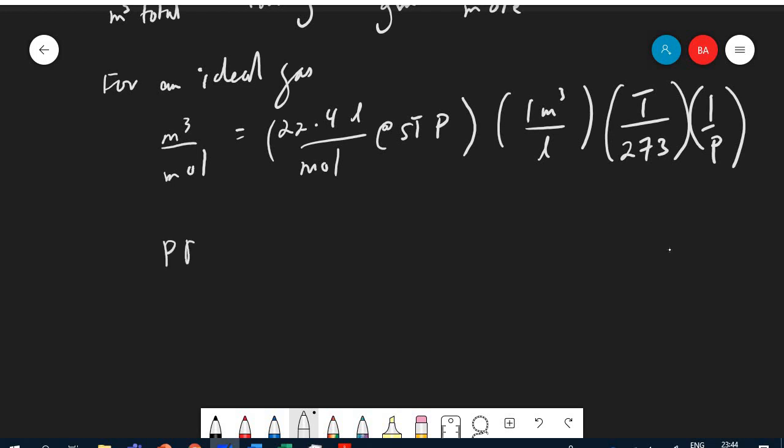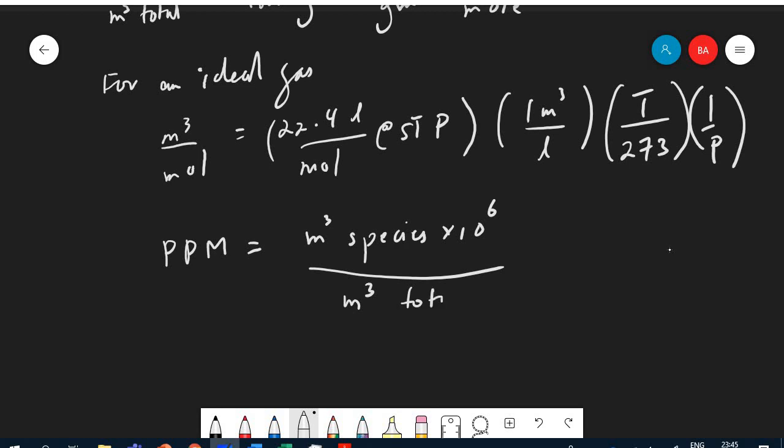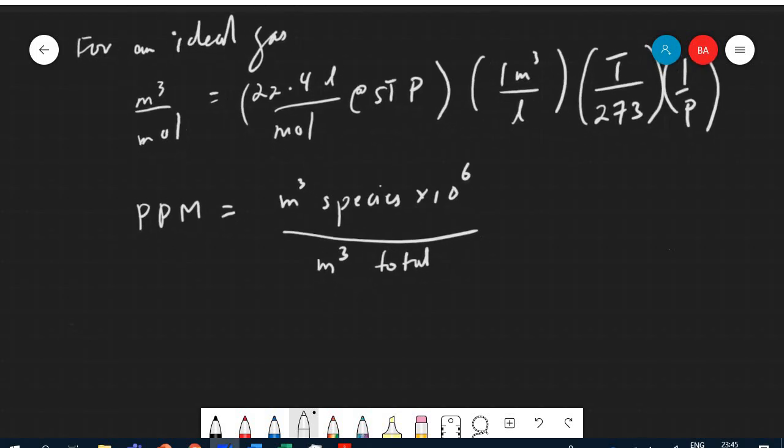Now if I want to look at what is parts per million, that's the ppm, this is equal to the meter cube of species into 10 to the power 6, within 1 meter cube total.